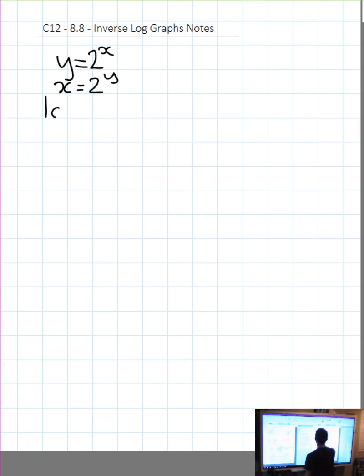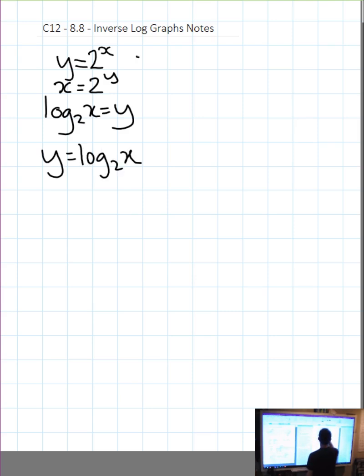Then I'm going to change to log form. Remember, the base of the exponent is the base of the logarithm. And now I can mirror the equation. So I know that this and this are inverses of each other.